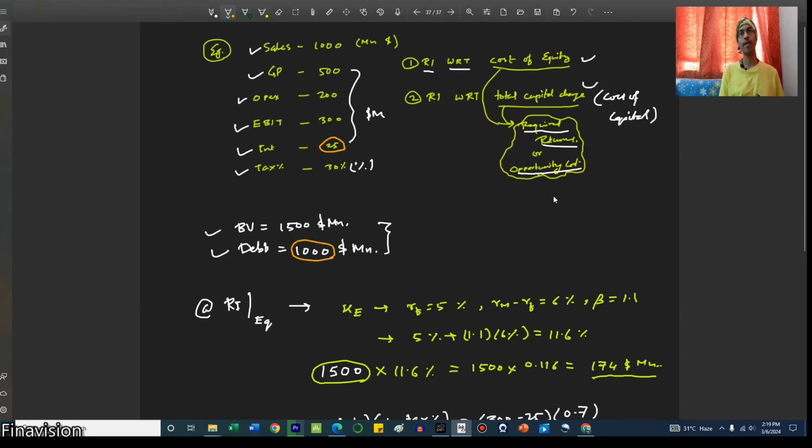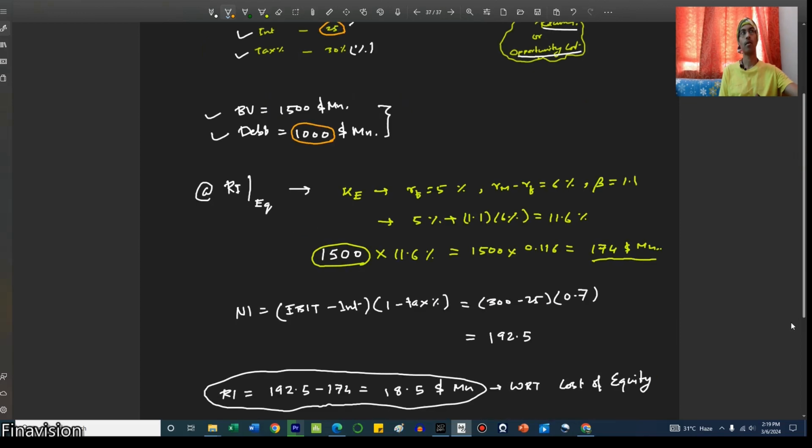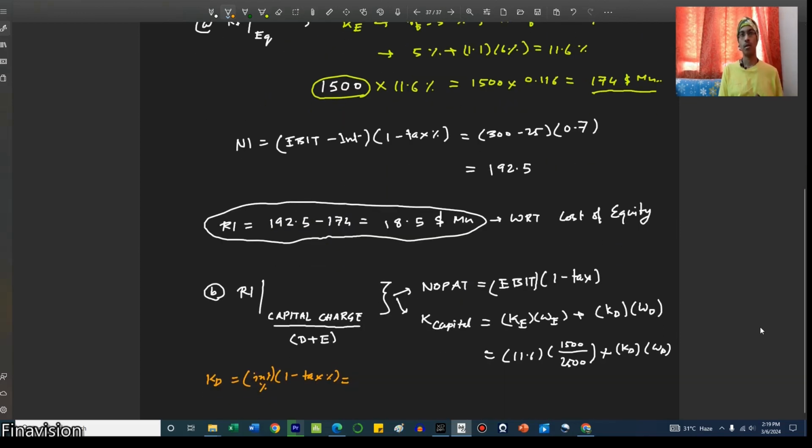So the interest becomes 25 by 1000, which is 2.5%. Now this becomes 2.5% into 1 minus 0.3, which is 0.7. This is equal to 1.75.